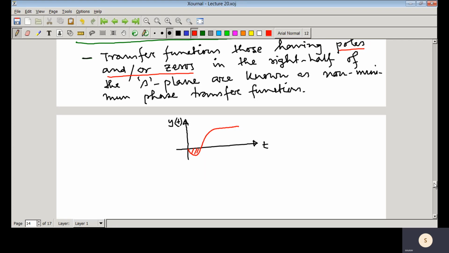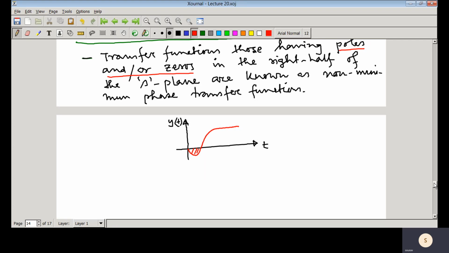Why are they important? Because if there is any zero on the right half of the S-plane in the root locus, whenever you start increasing the value of k, one pole will be moving to that zero. So after a particular value of k, the system would be unstable.